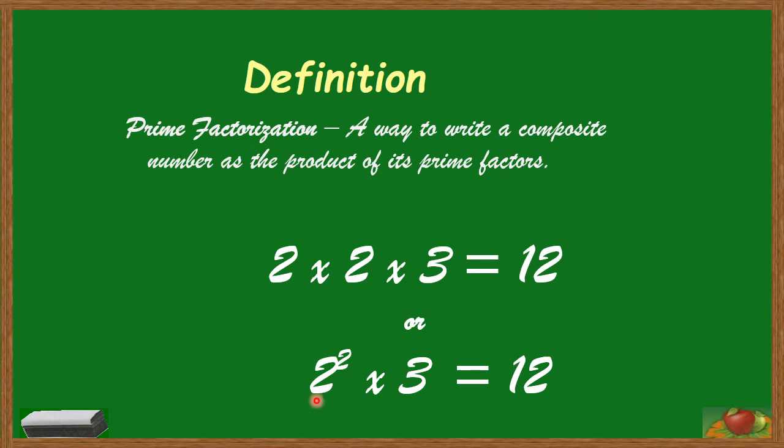We read this as 2 to the power of 2, or 2 squared. I think you have seen this when you were in grade 5, right? Square centimeter, can you remember? So we have 2 squared times 3, and we still get 12.